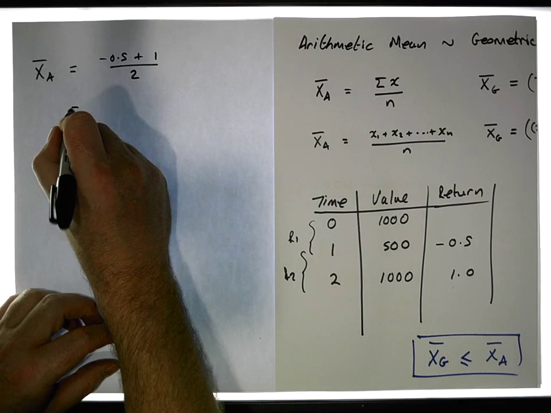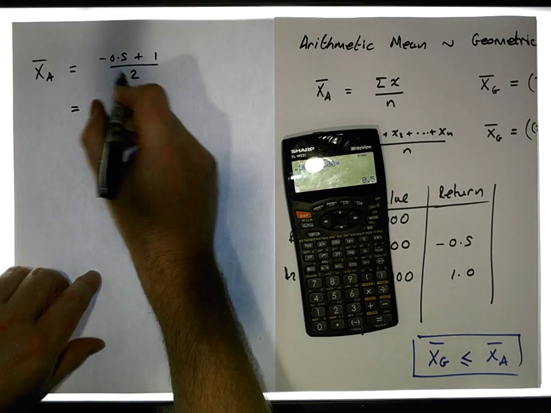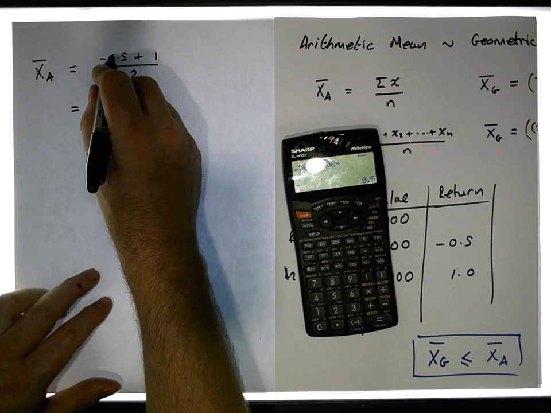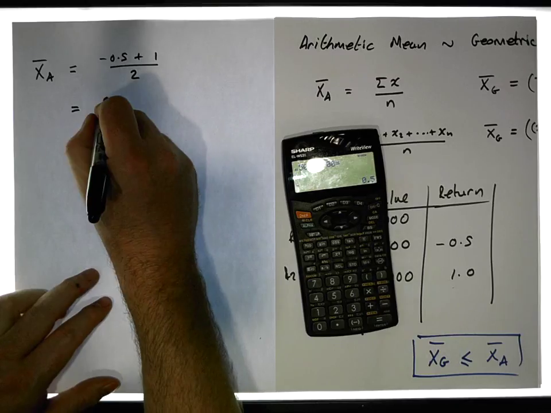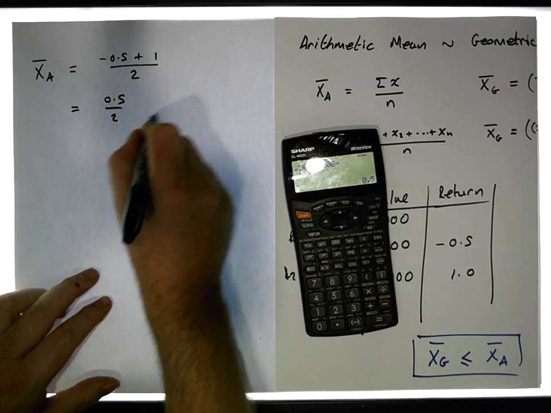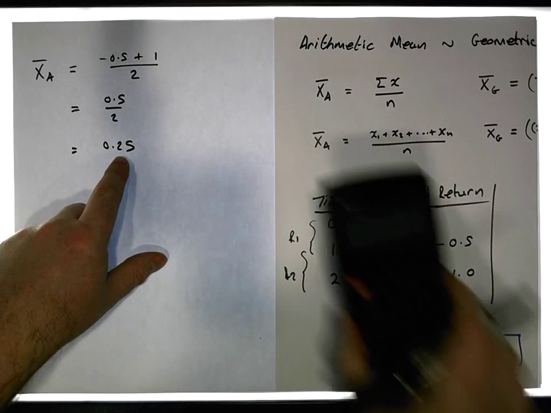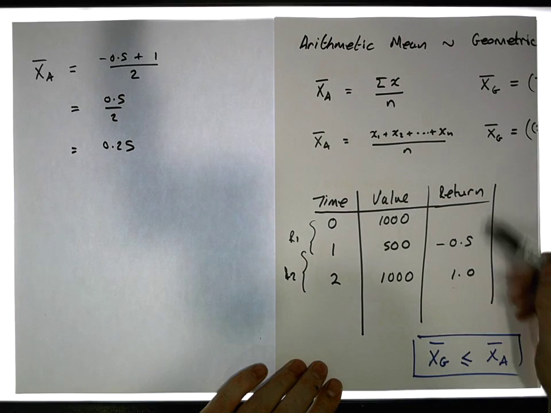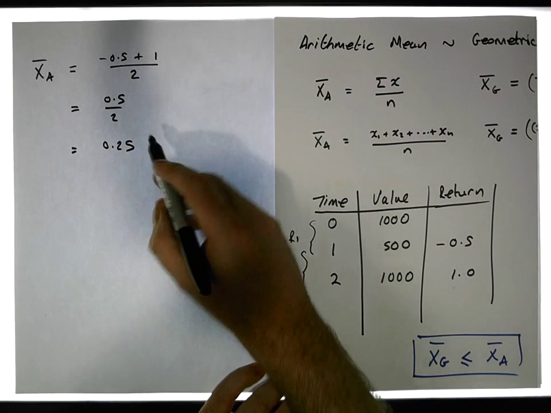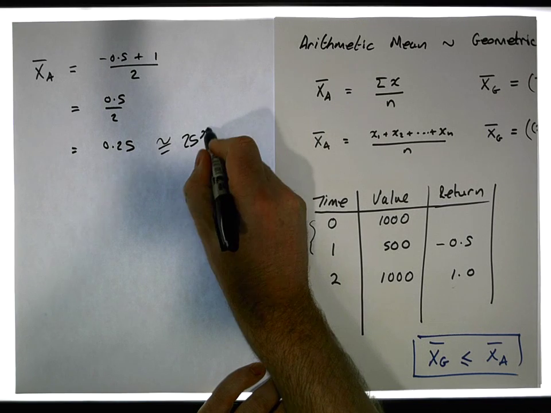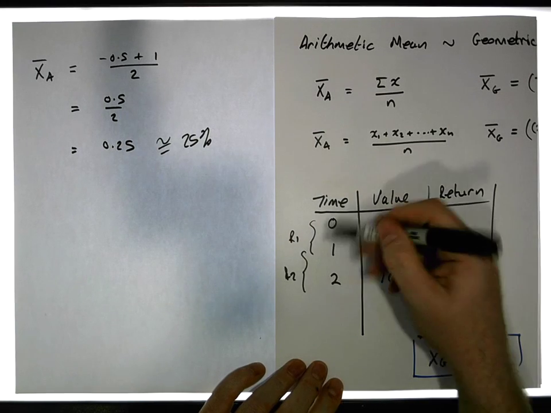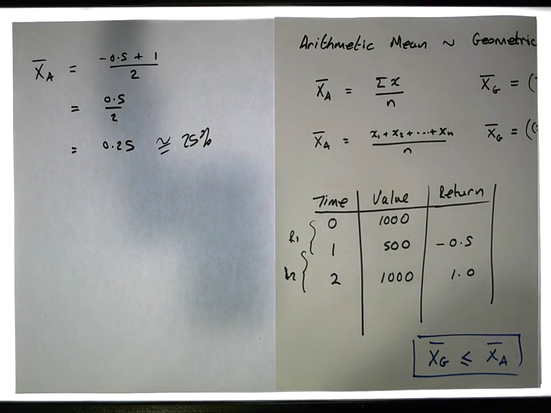Minus 0.5 plus 1 gives us 0.5, over 2, which gives us a value of 0.25. What that tells us is that on average the return was 25%, across these two periods.